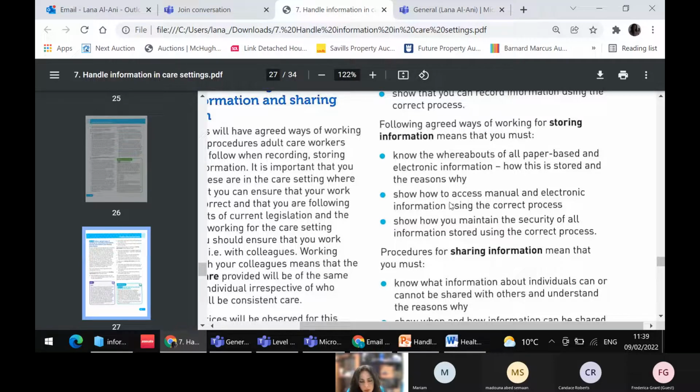Also, you can say, I always use a correct method to store this information, and I also keep this information secure.